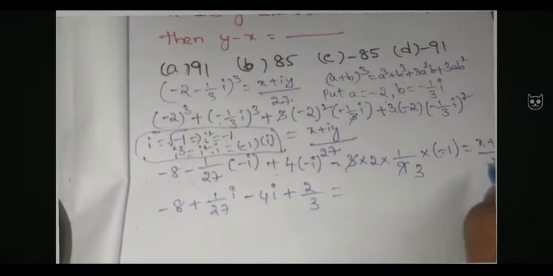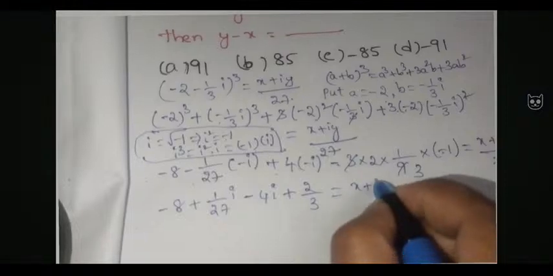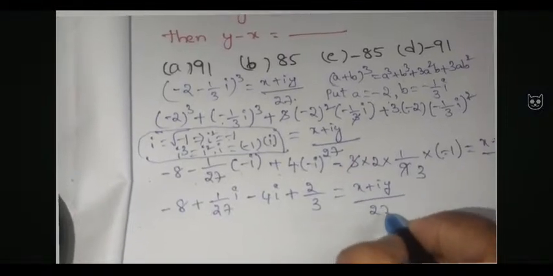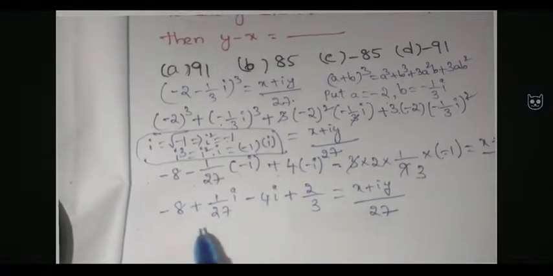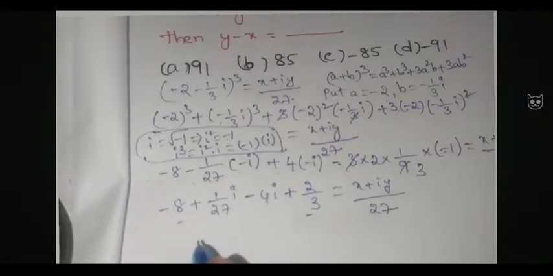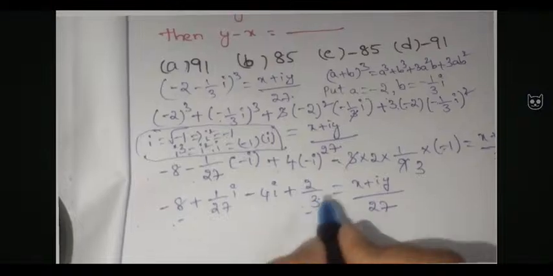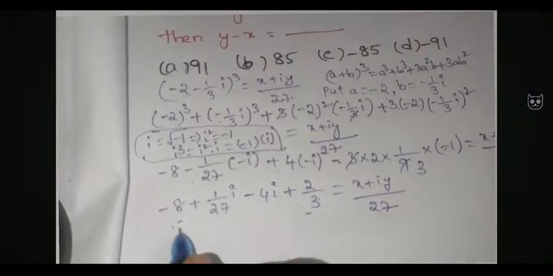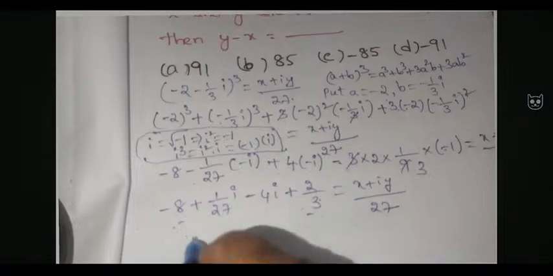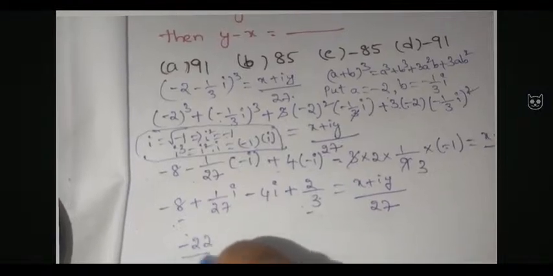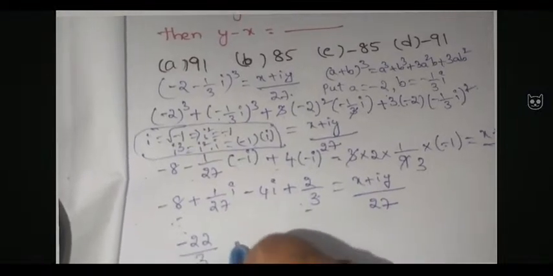That equals x plus iy divided by 27. Now add the real numbers: minus 8 plus 2 by 3. 3 eights are 24, minus 24 plus 2 is minus 22 divided by 3.